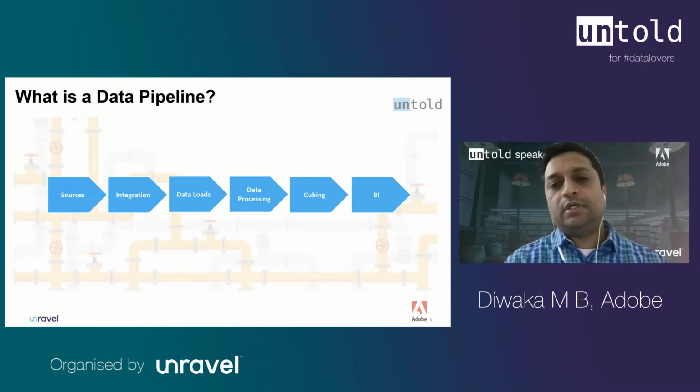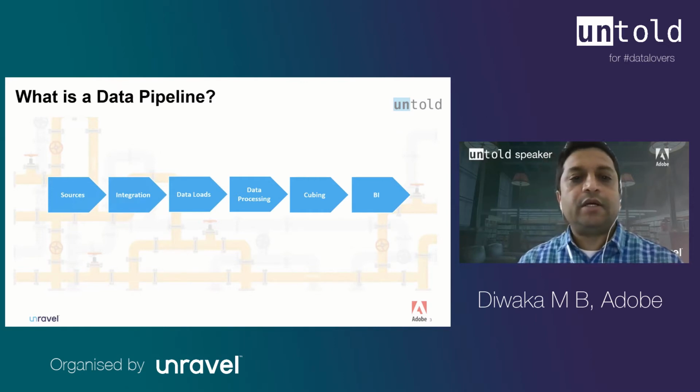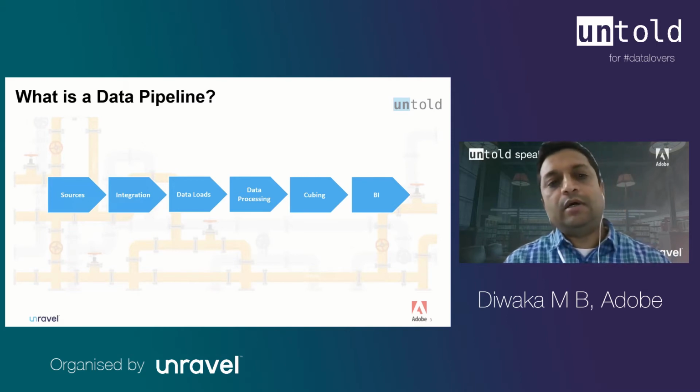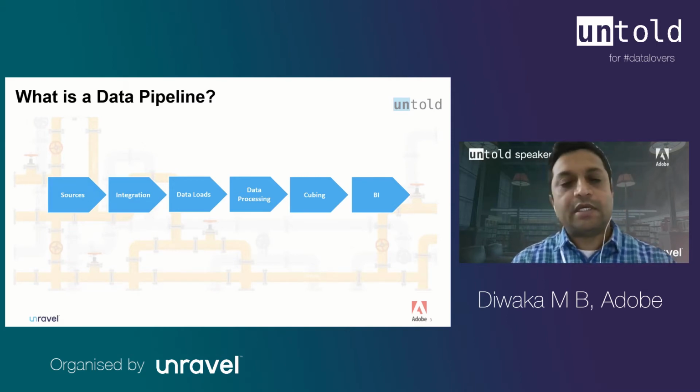Of course, the data comes in from various sources, and today we have vast sources, where the data is ingested, and also the integration layers. There are enormous integration layers, there is batch processing, there is real time, and data loads.